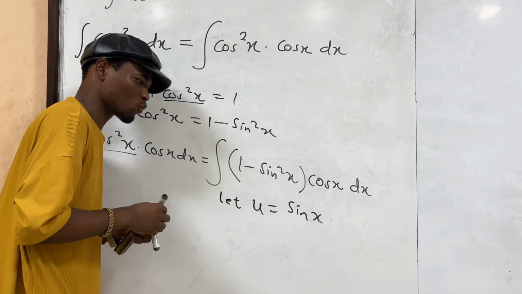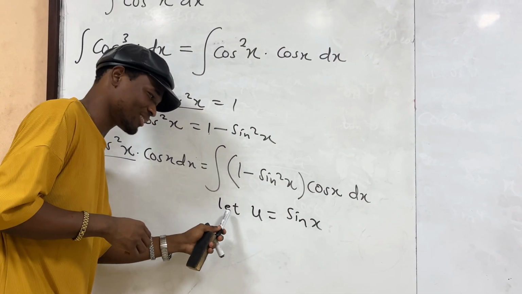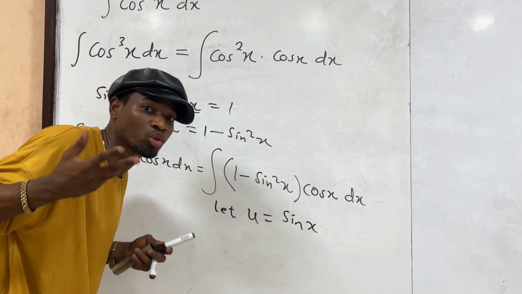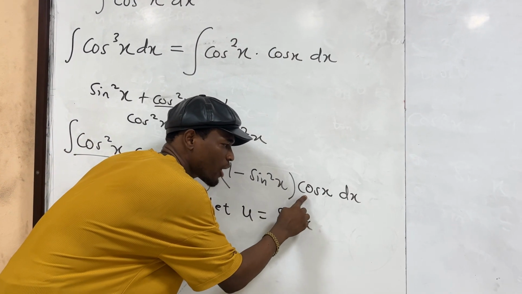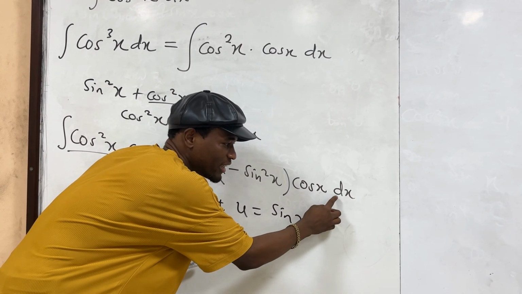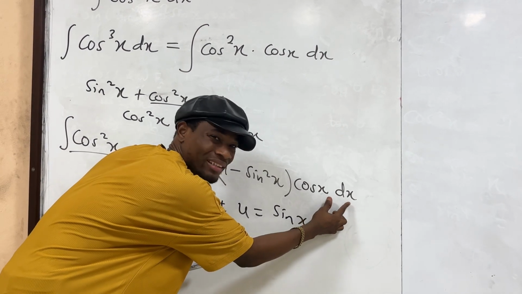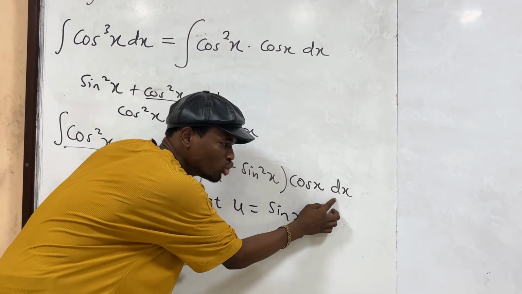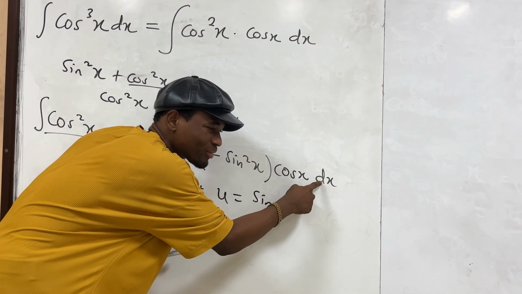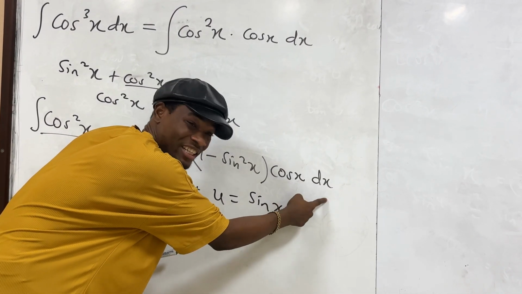Good. So viewers, someone will say, why not u equal to cos x? Let me give you a trick I normally use. Now here we have cos x, then we have dx, right? You see, the cos x is closer to the dx. So we will not use the trigonometry function closest to the differential dx.